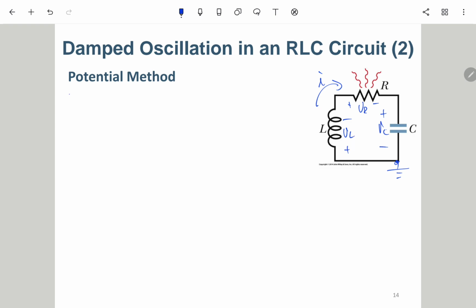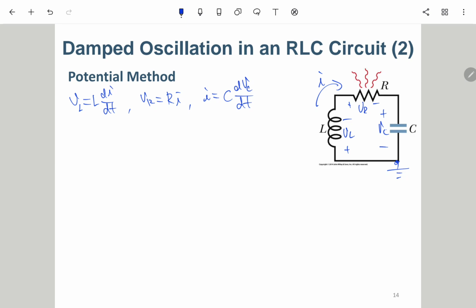So for the inductor, VL is L di dt, and for the resistor it is nothing but VR equals R times I, V equals IR. I would like to put the unknown function I at the end. And then for the capacitor, we have I equals C dVC dt.